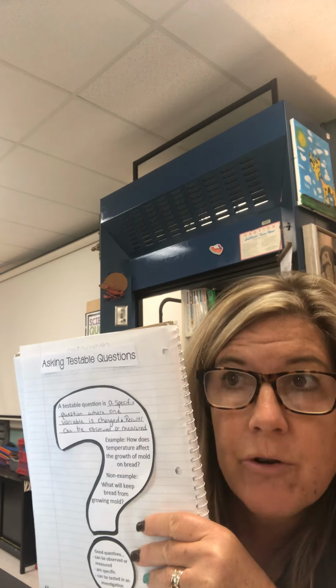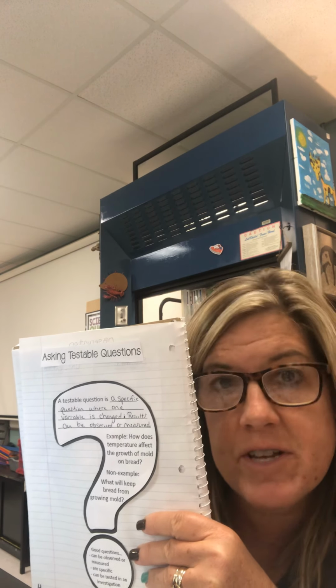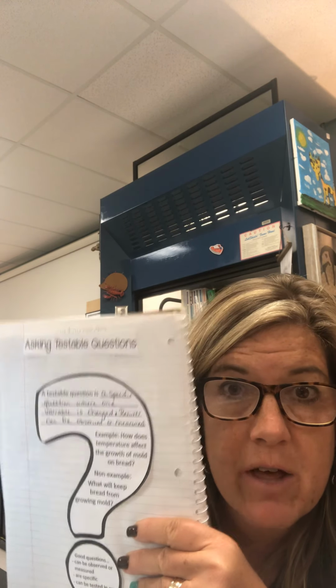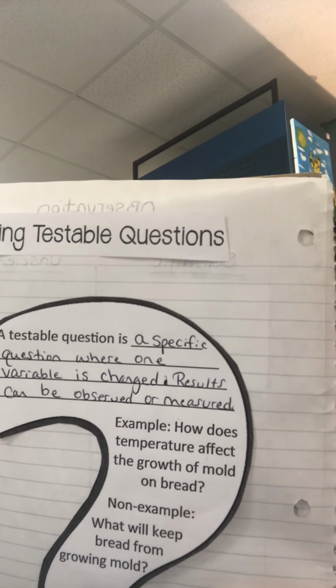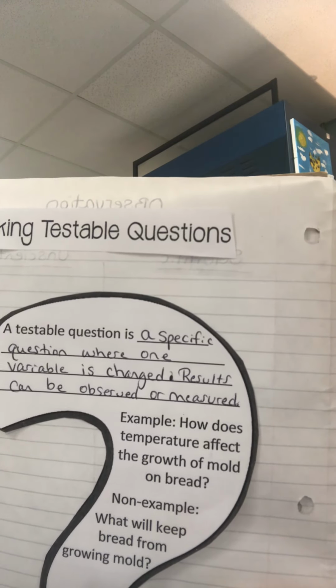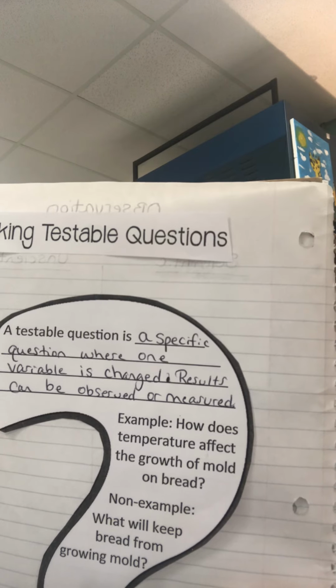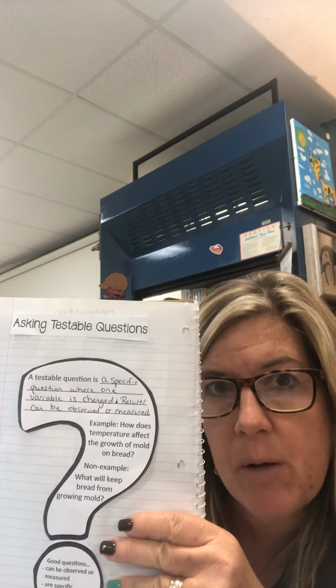For example, if you're trying to figure out which bubble gum blows the biggest bubbles, the variable you're changing is the different types of bubble gum: Double Bubble, Hubba Bubba, Juicy Fruit, any of those. Its results can be observed or measured, so you'd have to measure the bubble that you blew.